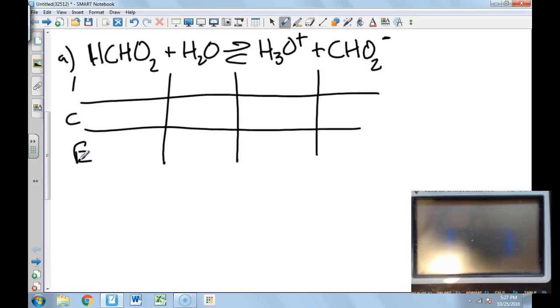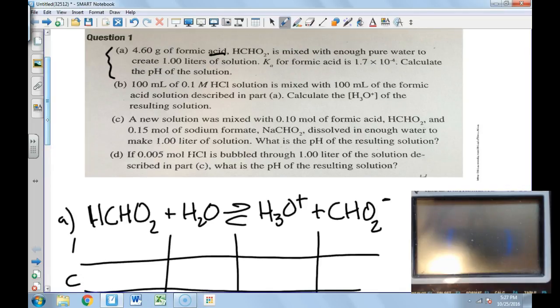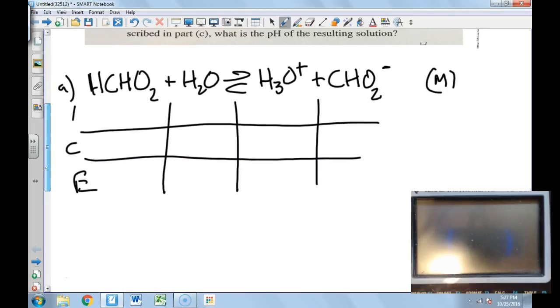ICE. We need to know this in molarity, capital M molarity.